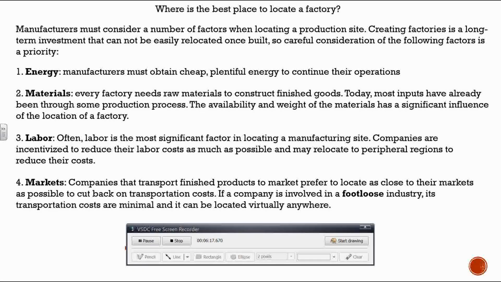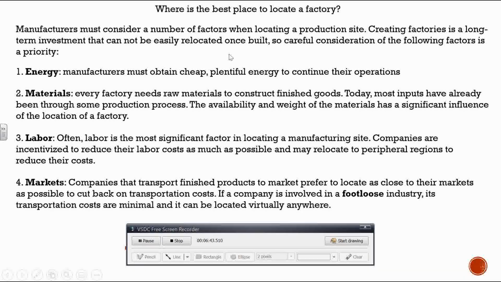So we think of ordering something online from Amazon. Amazon is a market, and they deliver the product to you, and there isn't one physical location that you go to purchase that product. But anyways, those companies that need to transport finished goods, they want to be located close to a market.